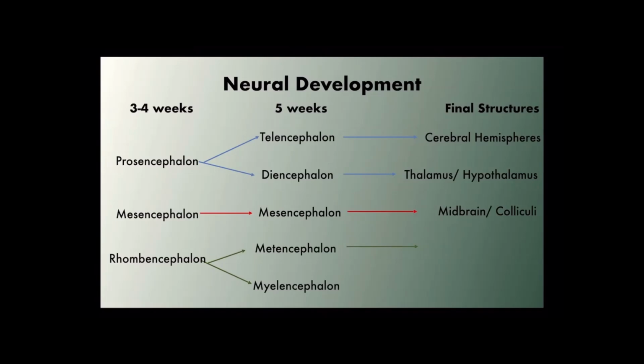Now remember, metencephalon is where you're going to find the pons, along with the cerebellum, the brain's coordination master. And then rounding out the rhombencephalon, we got the myelencephalon, where we find the medulla oblongata.